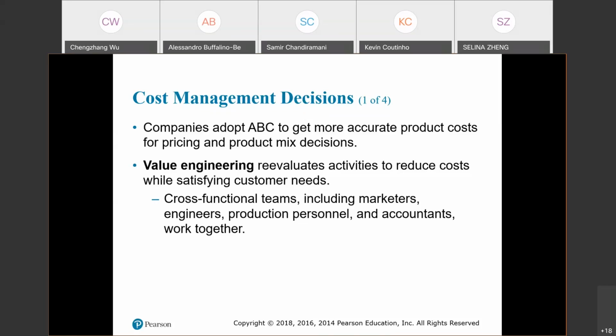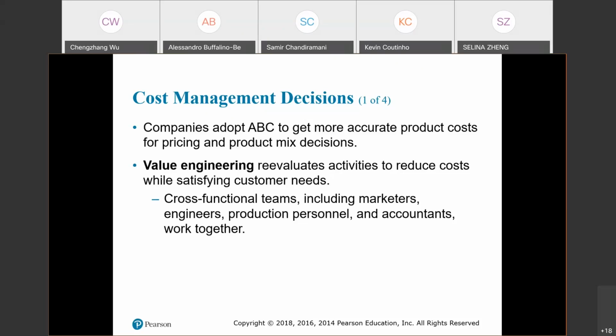The ABC information is used with value engineering. Value engineering involves reevaluating activities to reduce costs while satisfying customers' needs. Value engineering requires cross-functional teams that include the different departments.